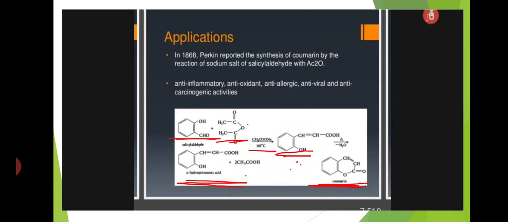Salicylaldehyde reacts with acetic anhydride in the presence of sodium acetate and forms ortho-hydroxycinnamic acid. This ortho-hydroxycinnamic acid, on heating, loses a water molecule and forms coumarin. Coumarin, which has medicinal value, was synthesized by Perkin in 1868.